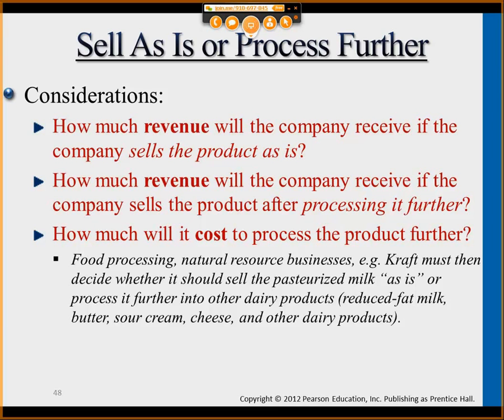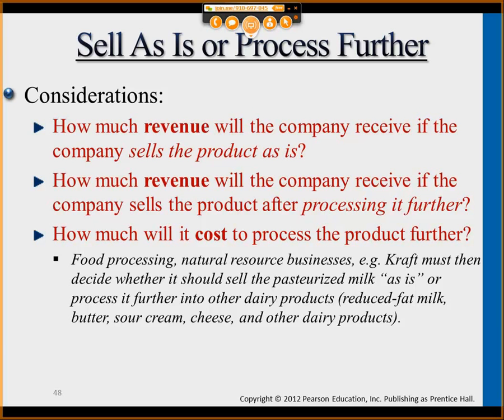To make such a decision, we need to answer a couple of questions. Do you understand why you would, somewhere in the middle of production, sell some items? You might need to finish it before you sell it.